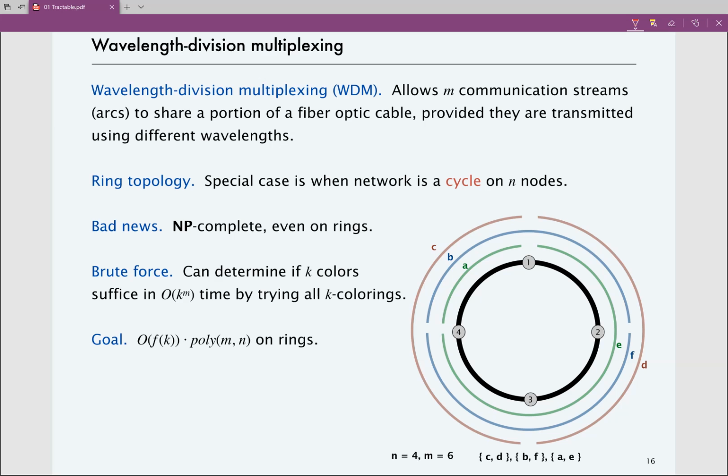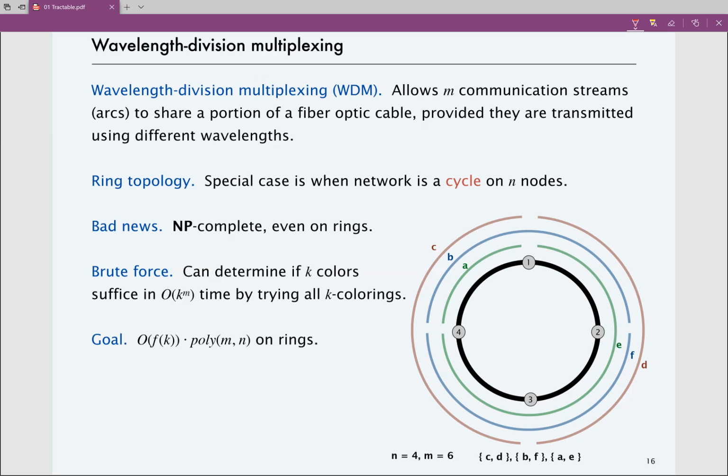Okay, so we're going to have this situation where you have a cycle first of all, and the cycle has n nodes. And then we're going to have m paths on this cycle, where each path is going to start at some vertex, end at some other vertex, and include all of the intermediate edges. In this case we have A through F, so we have 6 paths.